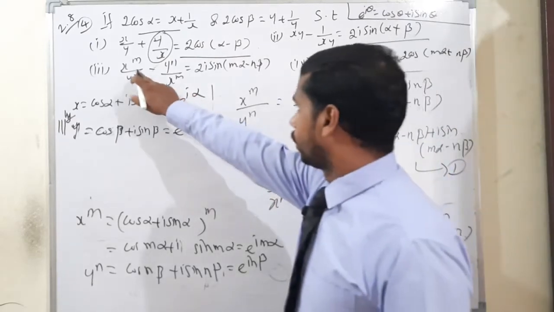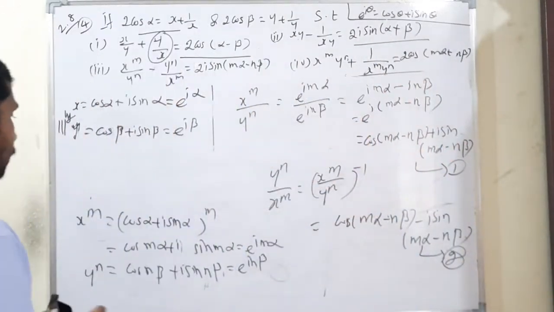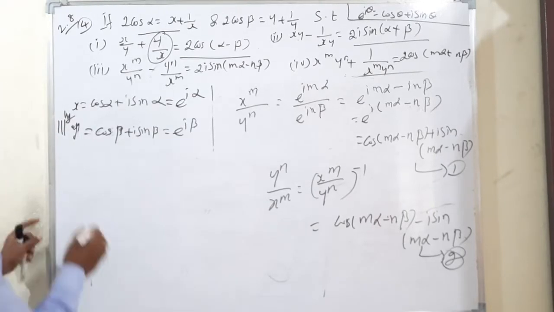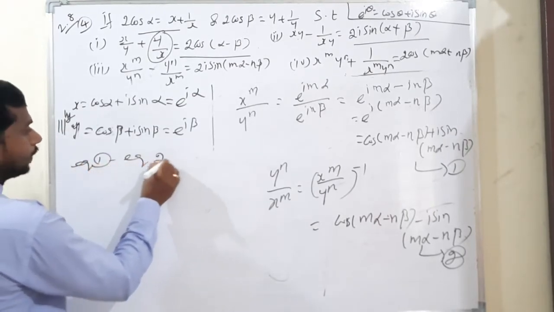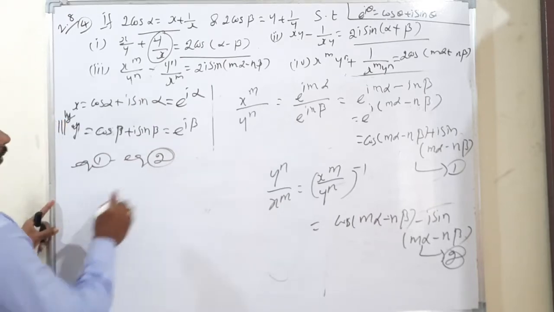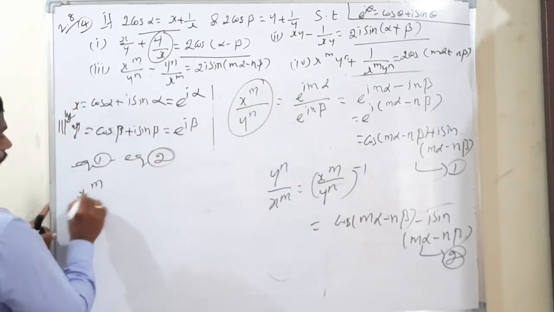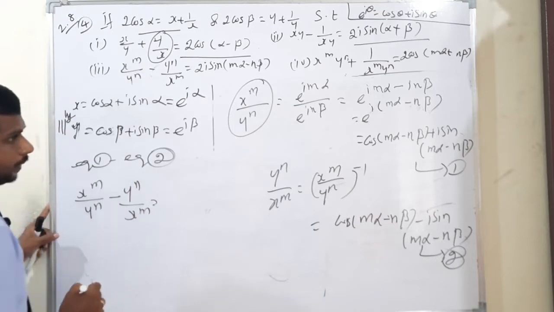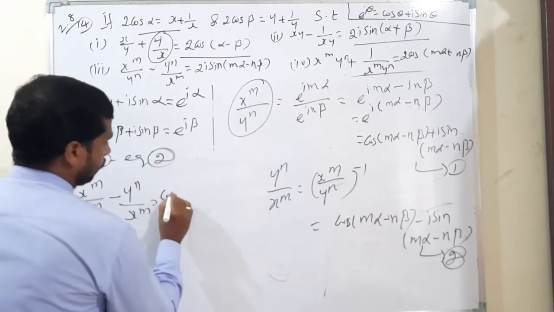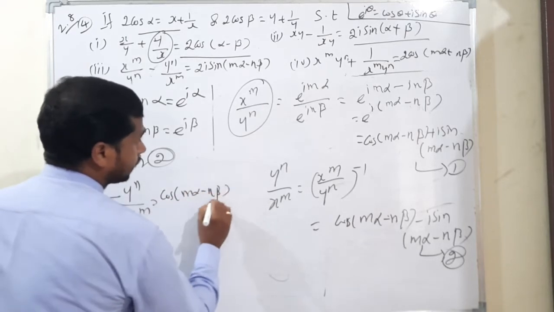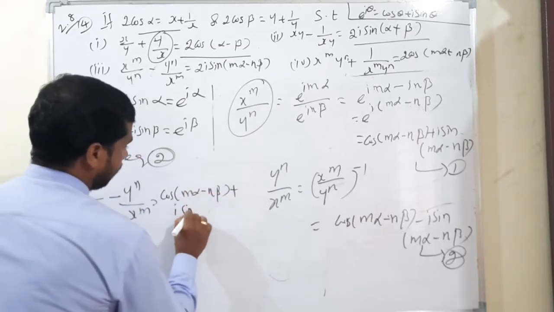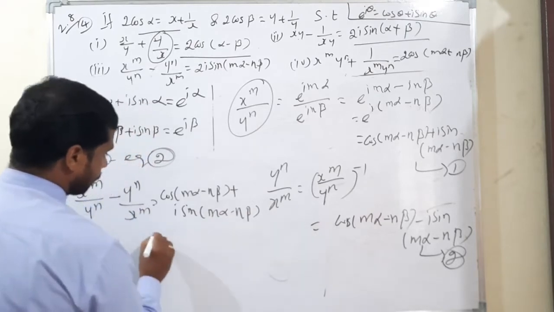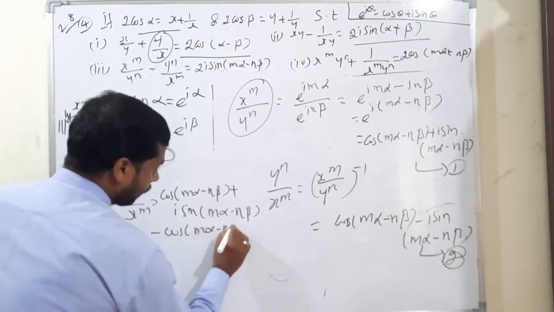What we have to do actually? Equation 1 minus equation 2. Equation 1, x^m divided by y^n, minus y^n divided by x^m, is equal to cos(m alpha - n beta) + i sin(m alpha - n beta), then minus cos(m alpha - n beta).